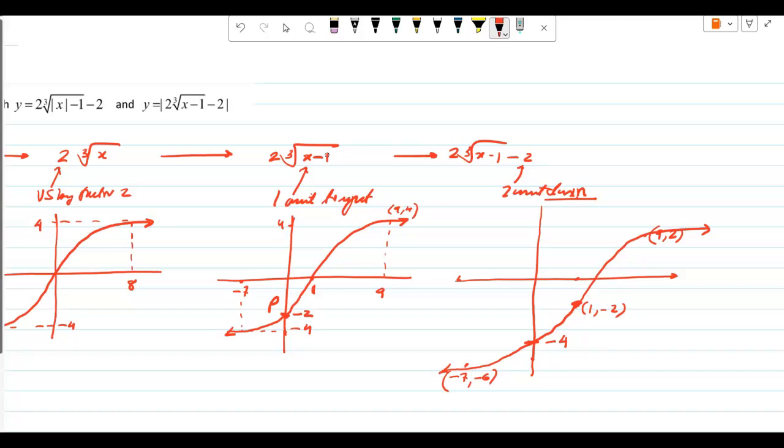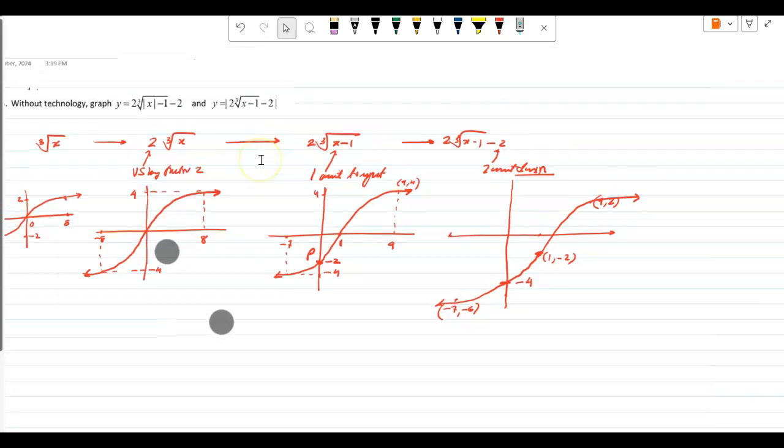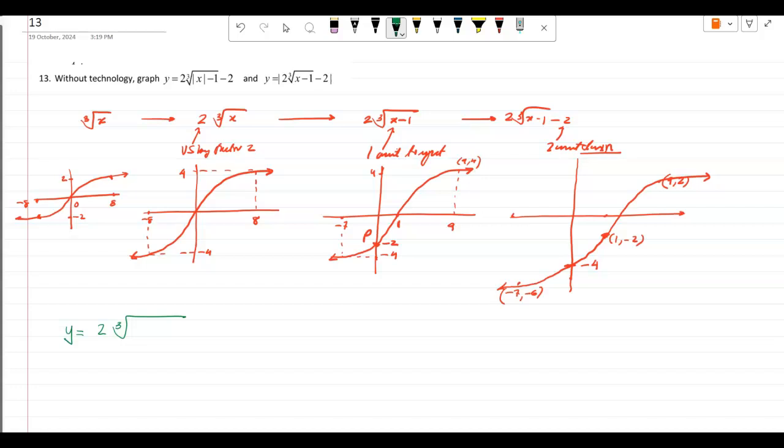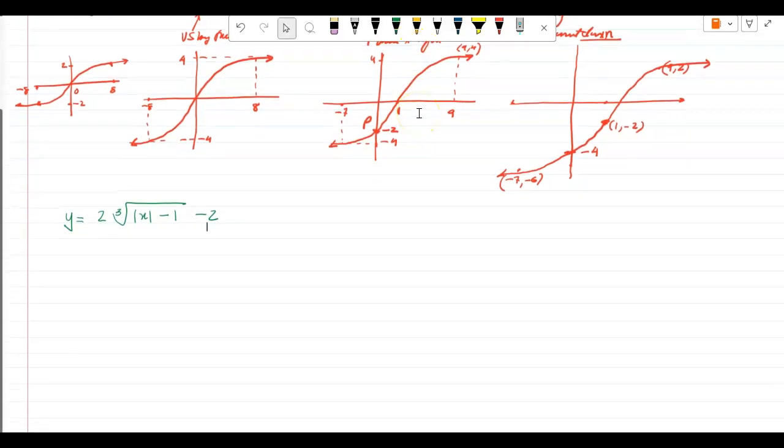Yes. So now when you do mod of this, there are two things that you have to do. Now I am coming to the main part. The mod. So y is equal to 2 cube root of mod x minus 1 minus 2. What you do is you take only the positive side and reflect it.